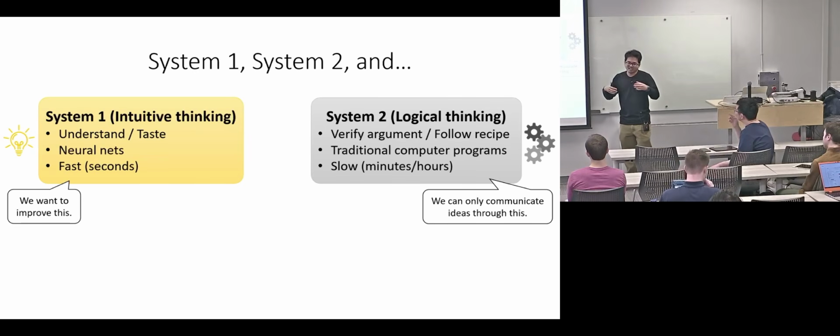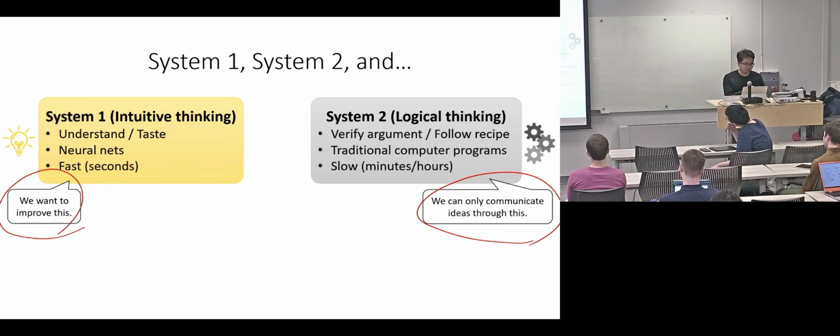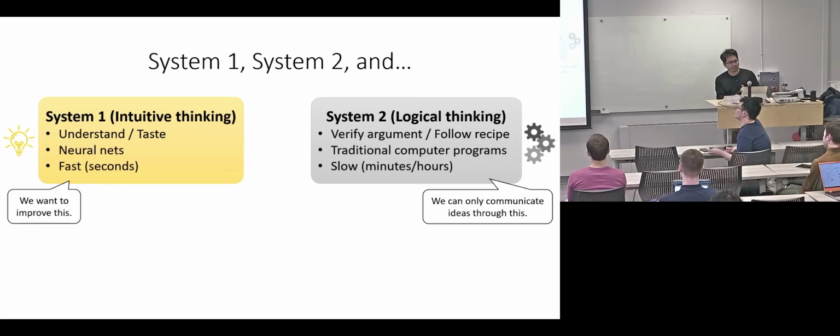When you communicate ideas, you can only communicate through conversation or through some way of writing. So you want System 1, but you can only communicate through System 2. You want to improve System 1, but you can learn only through System 2. Okay, so what do we do?